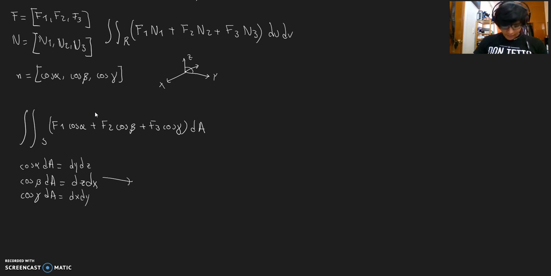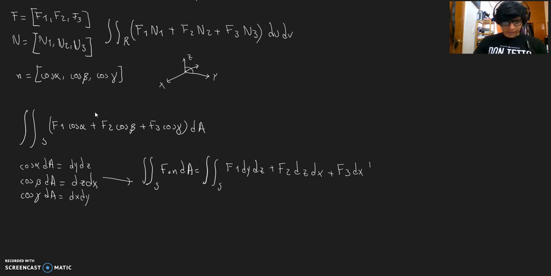And thus we can get yet another representation of the surface integral that will be something like this: it is equal to F1 dy dz plus F2 dz dx plus F3 dx dy.